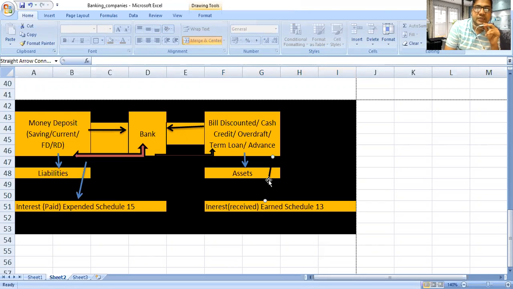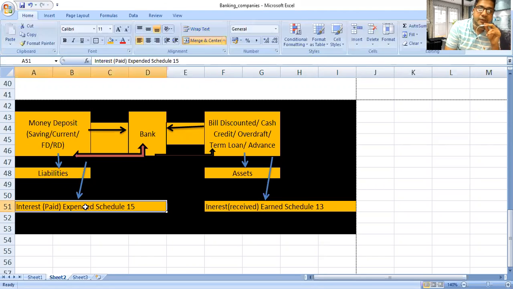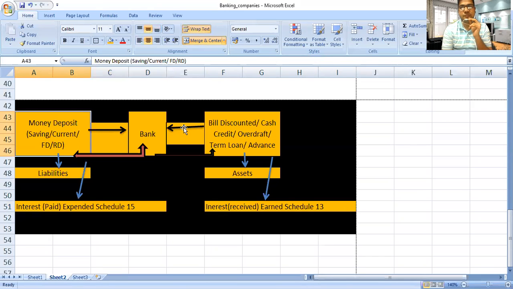We call it interest earned whenever the bank receives the interest. We call it interest expended whenever the bank pays interest to the customers, when they accept the deposits.